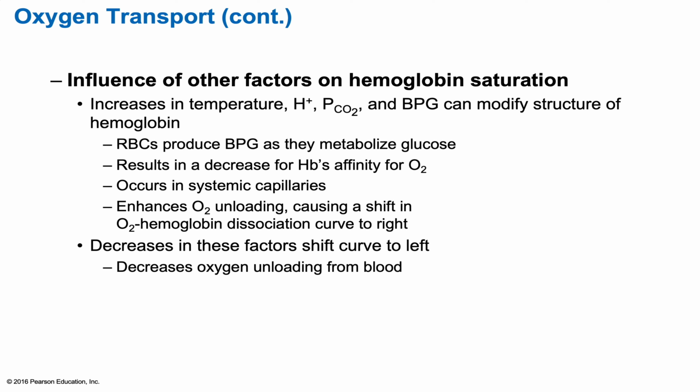So again, if we were to plot it out on a graph, it shows a rightward shift of the oxygen hemoglobin dissociation curve. And of course, if we have the opposite, in other words, a decrease in all these factors, we end up seeing a shift in the curve to the left. And again, this decreases oxygen unloading from blood.